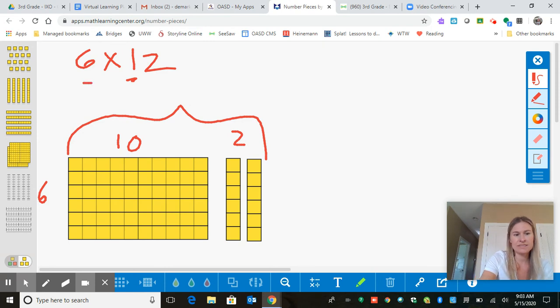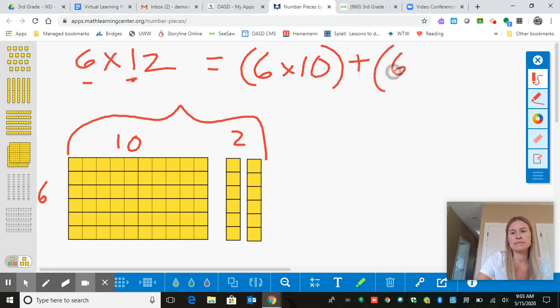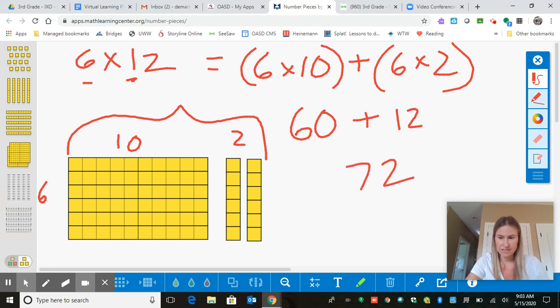The 6 stayed the same because it's just 6 groups of 12. Now to show this distributive property, I broke up that 12. I did 6 times 10, and I'm going to add it to 6 times 2. 6 times 10 is 60, plus 6 times 2, which is 12. 60 plus 12, I should get 72.